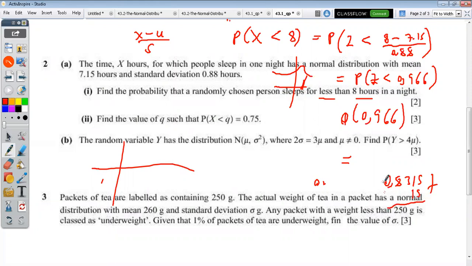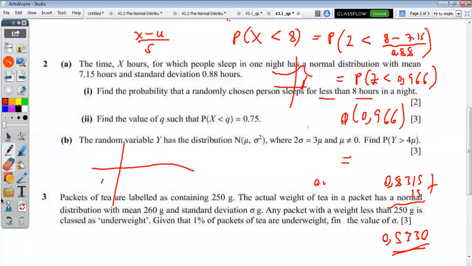I might not be correct because I'm using a phone. So are you getting something like this? 0.833. 0.8330. So that's the answer then. Done.